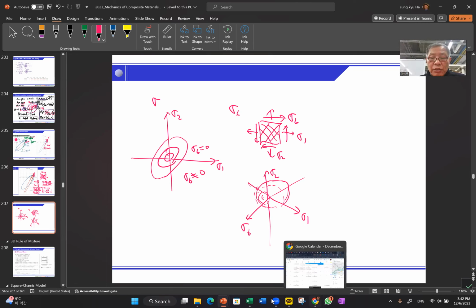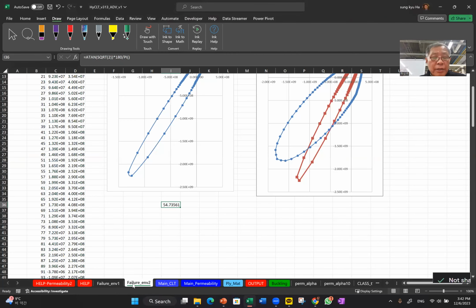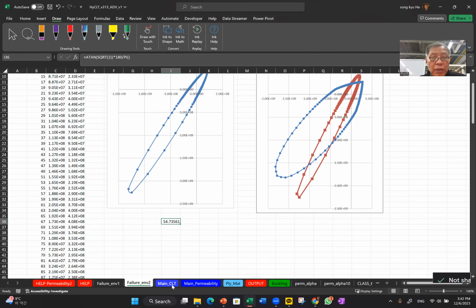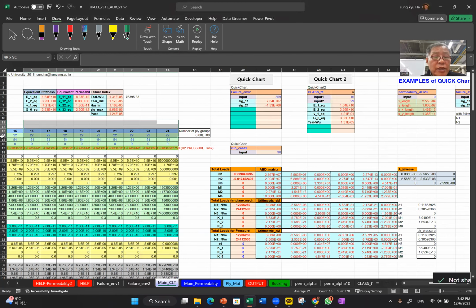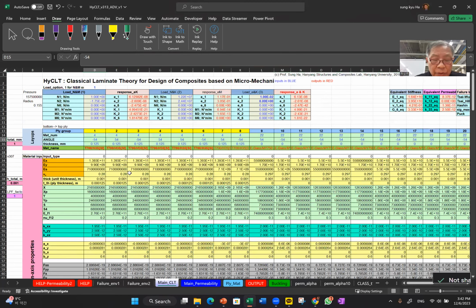So let's try that one. Let's get back to quasi-isotropic. Quasi-isotropic will be 0, 90, minus 45, and 45, and that is symmetric.